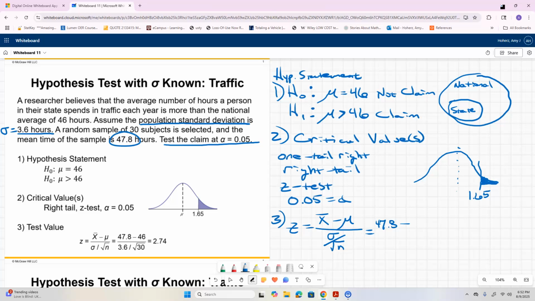Our mu, we already listed. That was what we used in our hypothesis statement. Mu equals 46 is what we used in our hypothesis statement. Our sigma, we said, was 3.6 hours, over our sample size, which was 30 subjects.